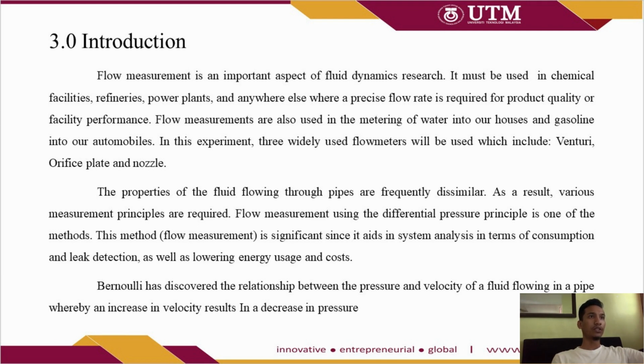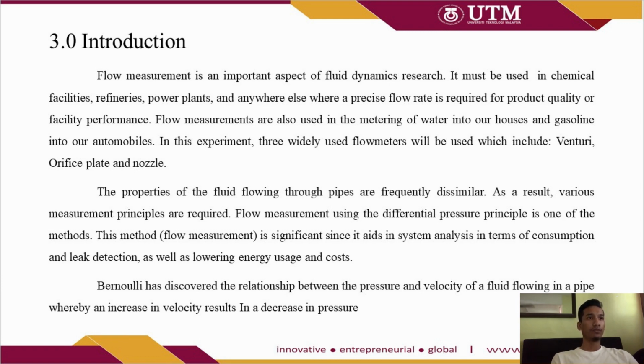It must be used in chemical facilities, refineries, power plants, and anywhere else where precise flow rate is required for product quality or facility performance. Flow measurements are also used in the metering of water into our houses and gasoline into our automobiles. In this experiment, 3 widely used flow meters will be used, which include venturi, orifice plate, and nozzle.